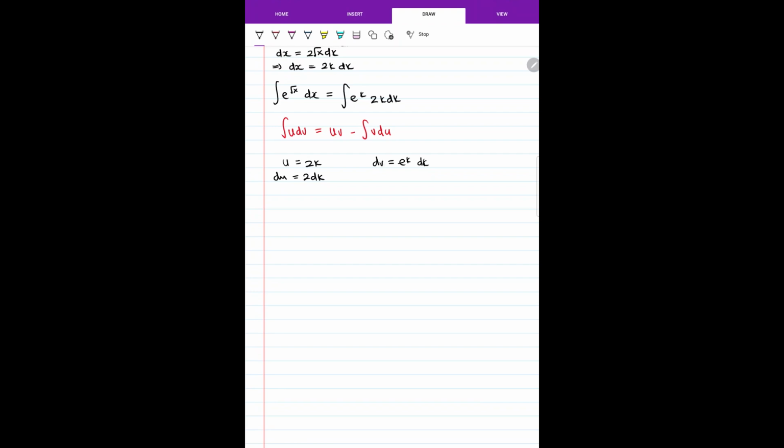Well, we have dv, so if you want to go backwards, just take the integral. So v is just going to be e to the k. And we don't really have to put the plus c, because this is just work on the side. That's why we didn't say let, because we're not letting them equal. They're basically dummy variables.